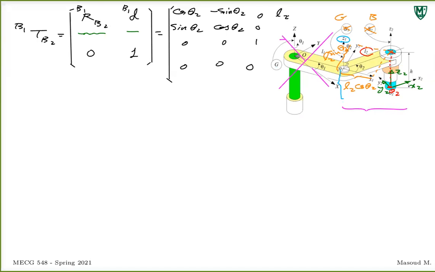This gives you L2 cosine theta 2, L2 sine theta 2, and then this is minus H. This becomes your matrix.